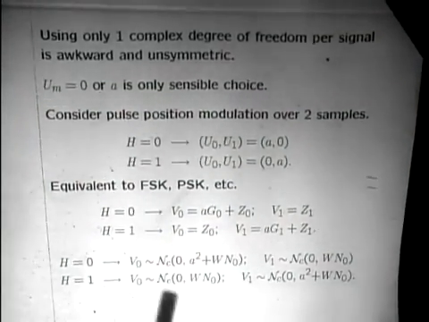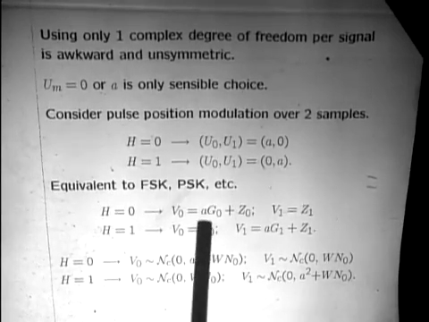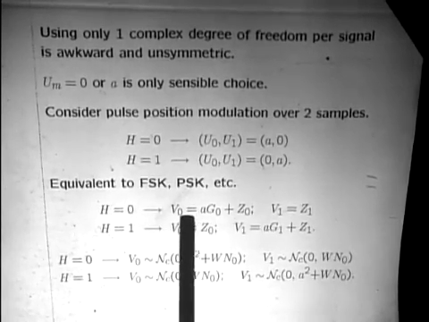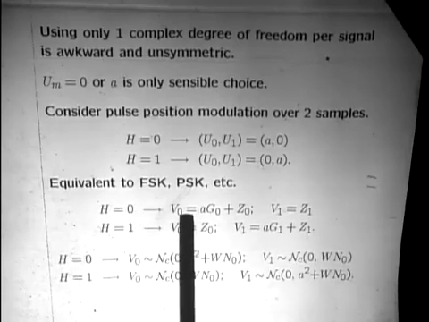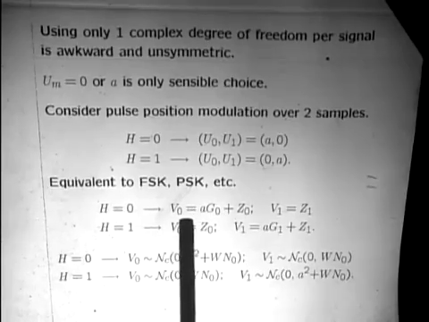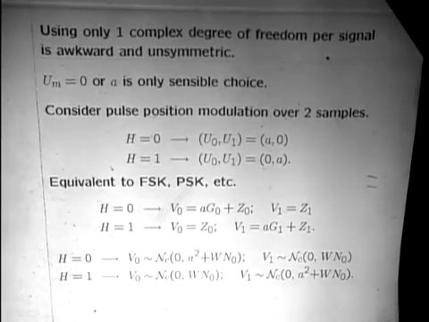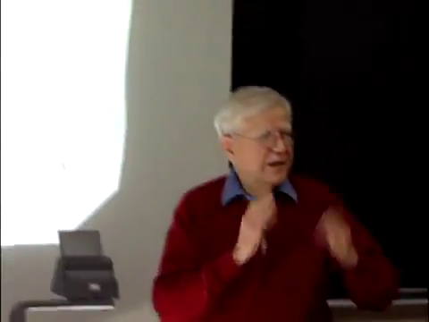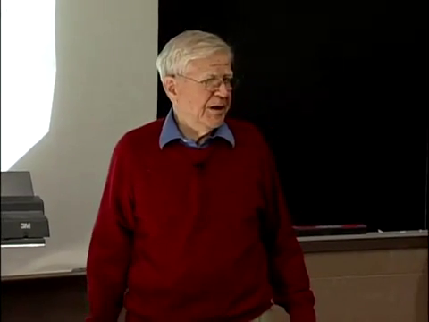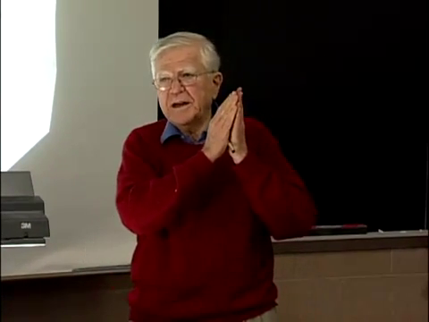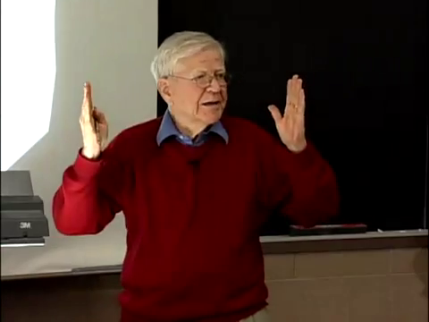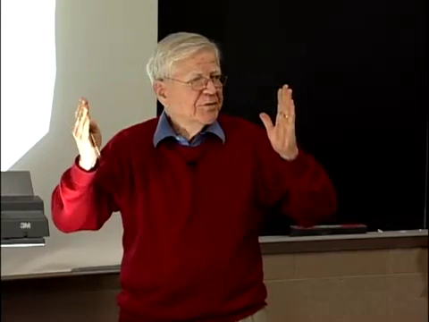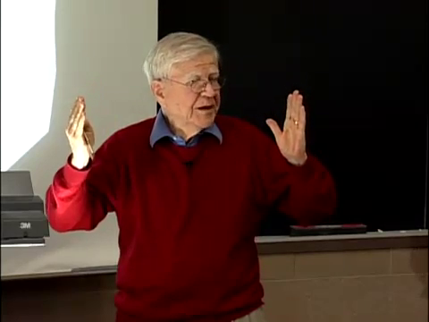The magnitude of the signal is a, and the power in the signal is a squared. In this case, the power in the signal is not quite a squared, because we only send energy in one or the other of alternate degrees of freedom. So if we look at a time of 1 second, we get W complex degrees of freedom to use.